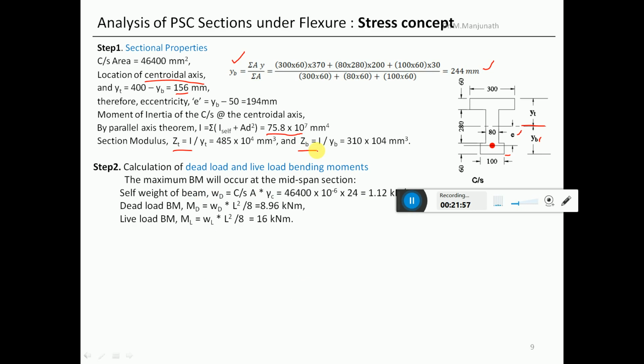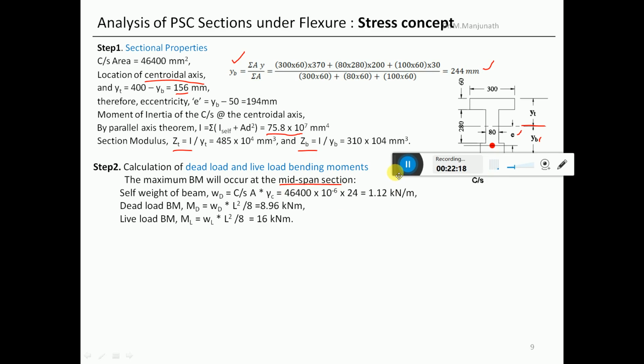So with these sectional properties, the next calculation will be to obtain the dead load and live load bending moments. Since the maximum stresses are to be determined, which will occur at the section of maximum moment, these calculations will be done at mid-span section. So at the mid-span section, the moments will be calculated.